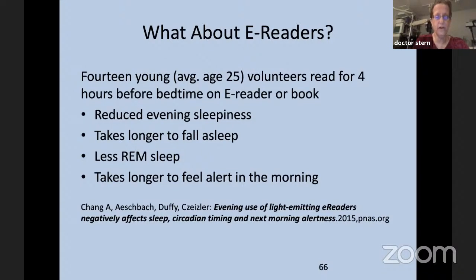One of the authors of this study is a gentleman named Charles Czeisler, who's really been studying this for a long time. He started off many, many years ago studying shift workers, and I respect his work, but I don't think too many people are going to spend 4 hours on their device. Although again, during COVID, who knows what people are doing.